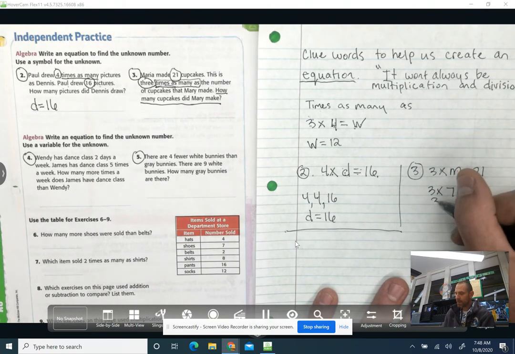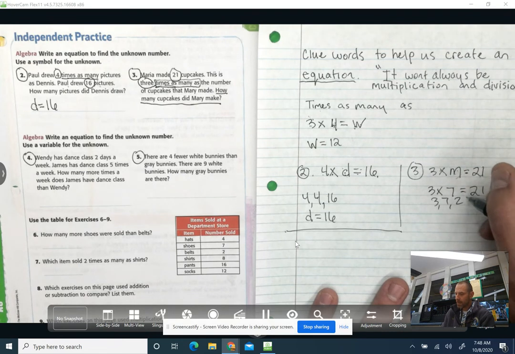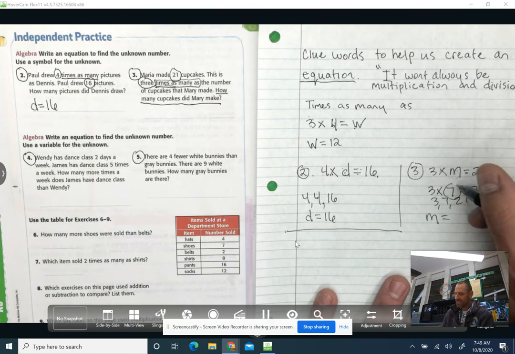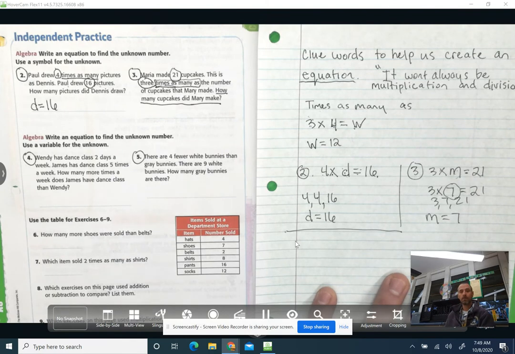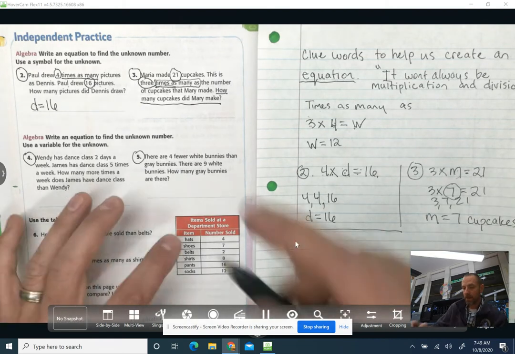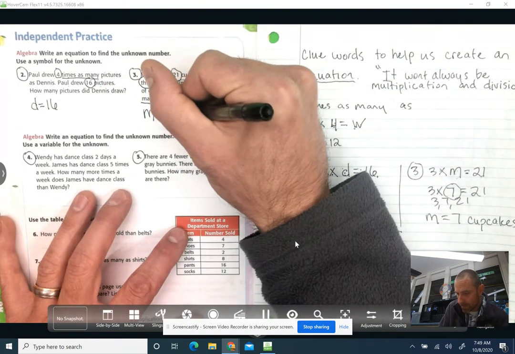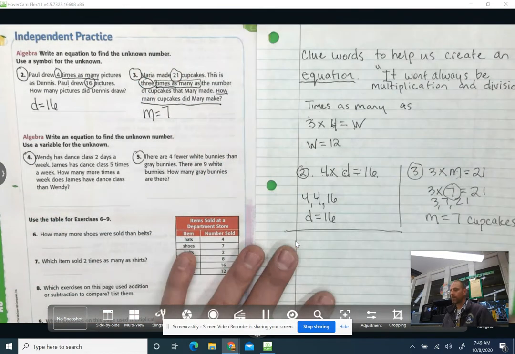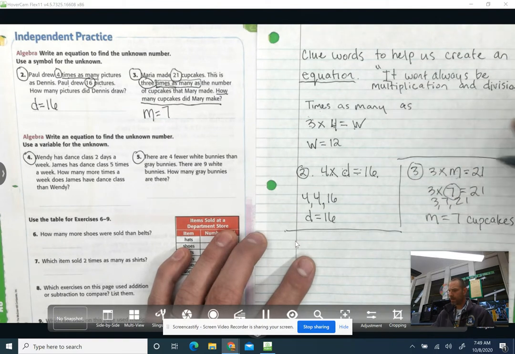So the fact family is 3, 7, and 21. And M, or Mary, made 7 cupcakes. Okay, all right. So the next one is number 4. M equals 7. Okay, box around that.